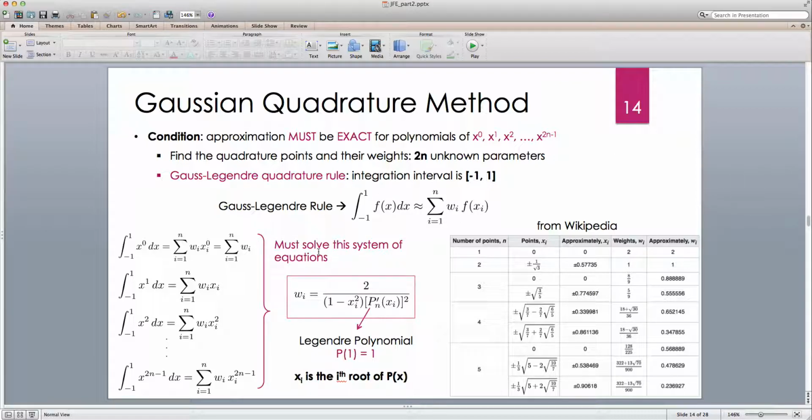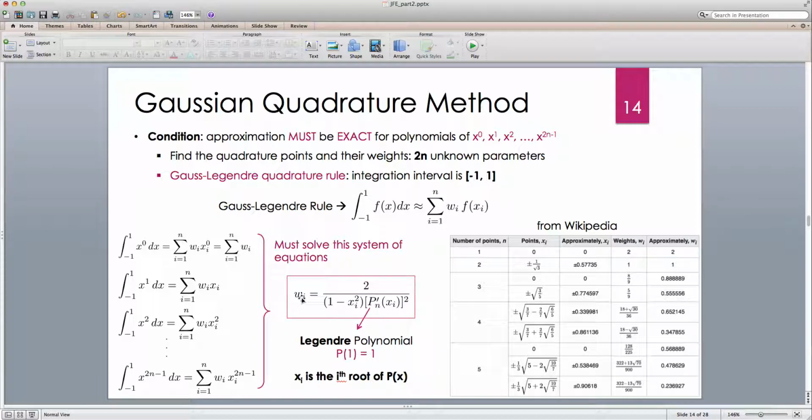And the final result is this: the weight coefficients are wi = 2 over (1 minus xi squared) times [P'n(xi)] squared, where Pn is the nth order Legendre polynomial. All right, and these polynomials are defined over the -1 to 1 interval.